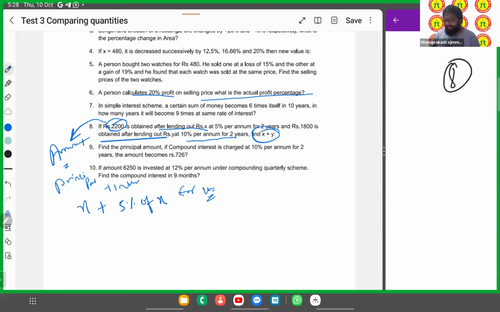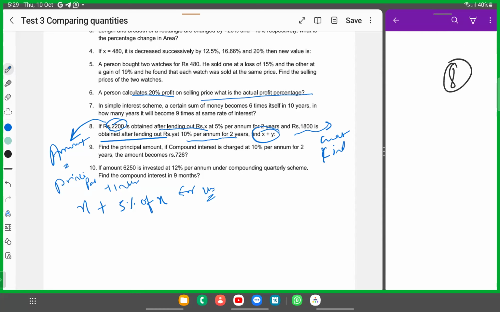He didn't mention what kind of interest it is, whether it is simple interest or compound interest. So how do we actually derive here whether it is simple interest or compound interest? Please go through the question once.